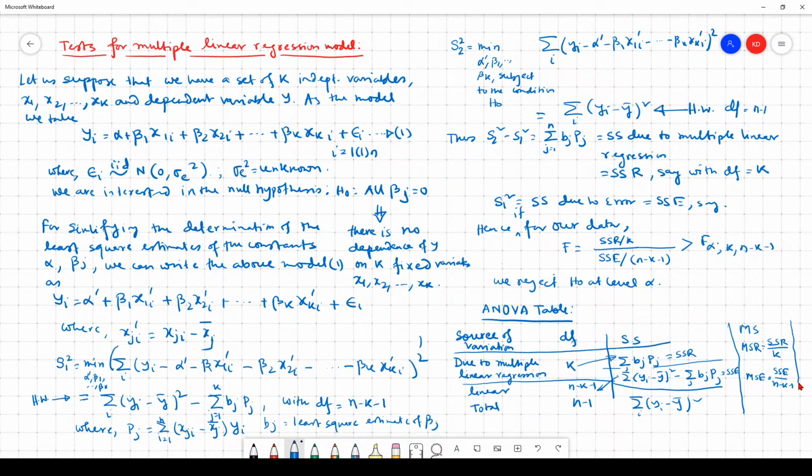And the last column, that is F, is F equal to MSR by MSC. So please write this here.